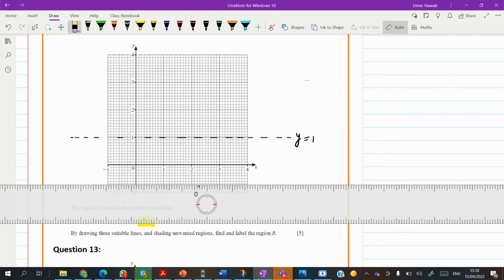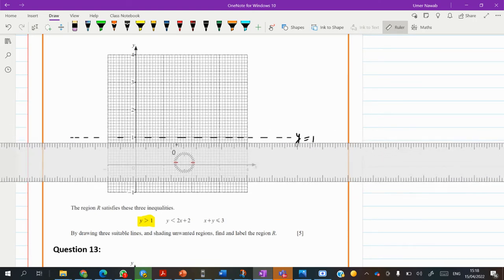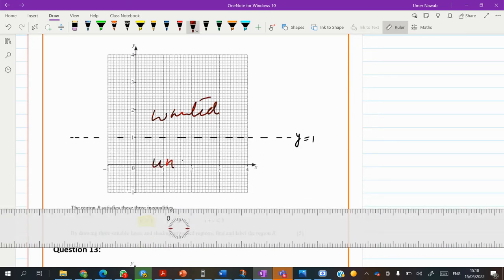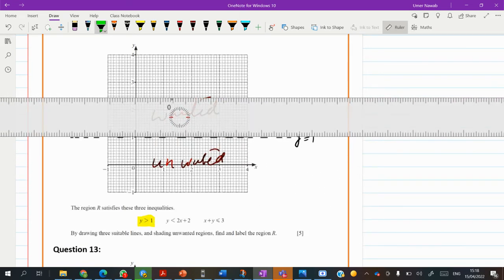Okay, and is he saying y greater than 1? So y greater than 1 means above portion is wanted. Above, greater means this is my wanted, and this is my unwanted. As per rule, I have to shade always the unwanted portion. So if I shade my unwanted portion, let me show it to you guys.